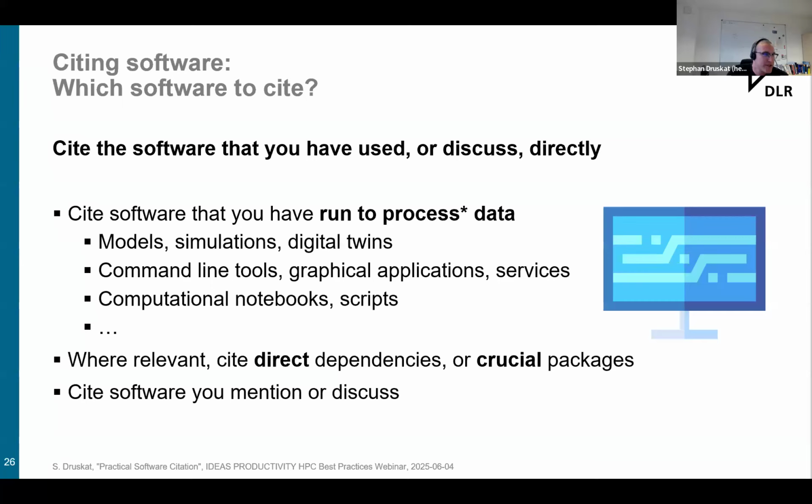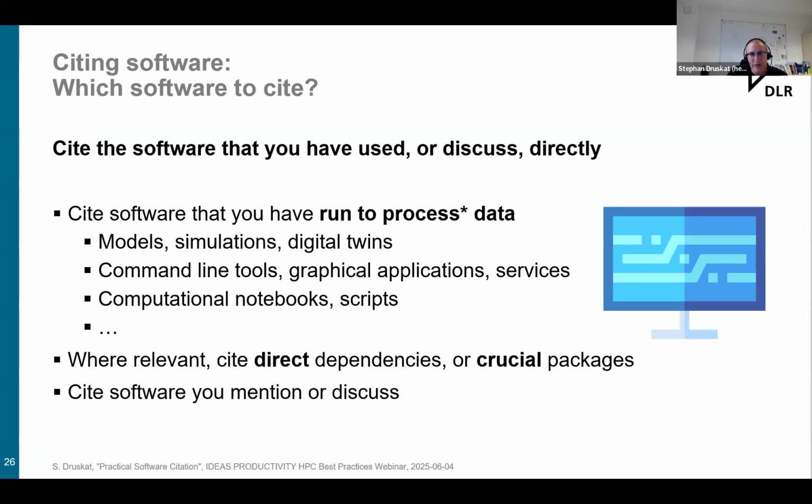Next question, which software to cite? Cite the software that you've used or you discuss directly. And this means cite the software that you have run to process data, and data processing really is meant here in the widest possible sense, including models and simulations, CLI, command line tools, graphical applications, things you run in notebooks or from scripts, etc. If you have run a script that basically uses functionality from one or a few specific packages, it may also be relevant to cite not only the notebook, but also these packages.